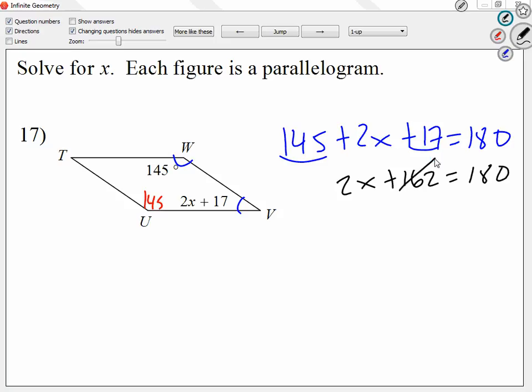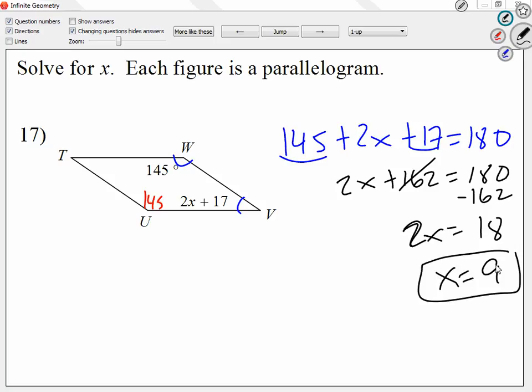My 162, let me bring it to the right as a minus 162. I have 2x equals, what's 180 minus 162? 18. So 2x equals 18, what's x? Yes, 9. The directions are solve for x, so we're done. Do read the instructions. Yes, that's it.